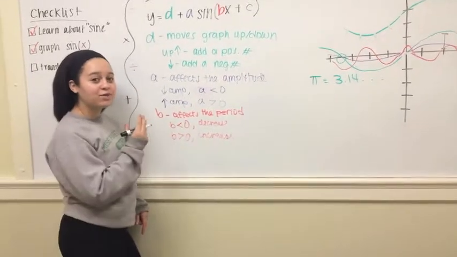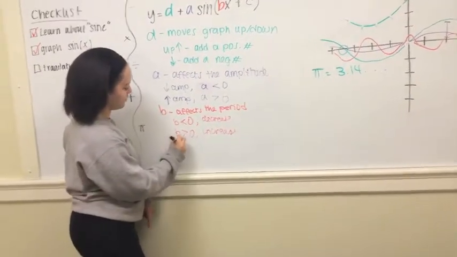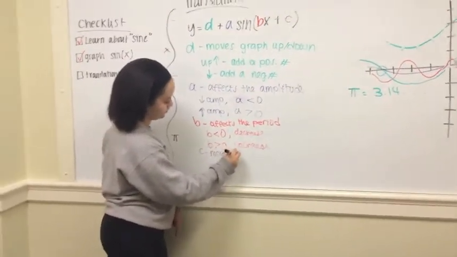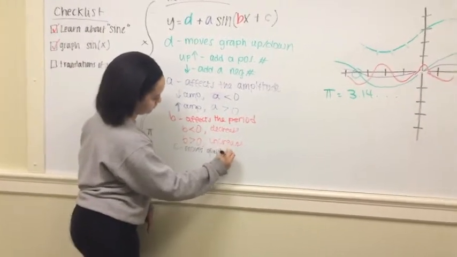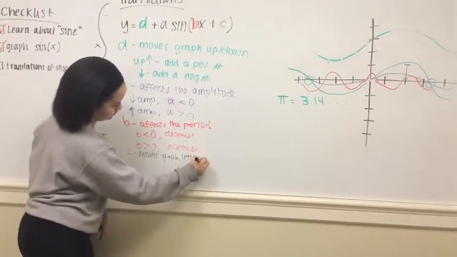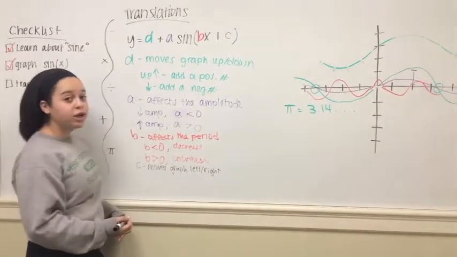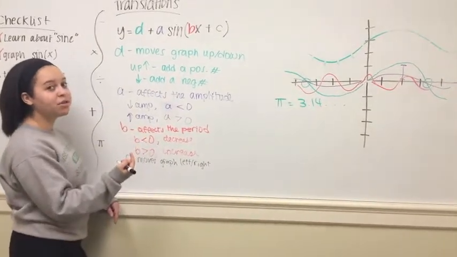C moves the graph left or right. If you want to move the graph left, you have to use a positive number.